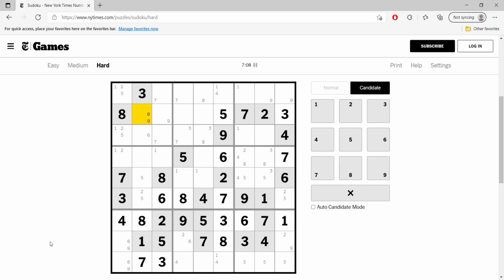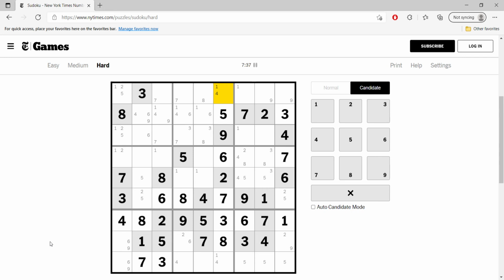I guess 1 in this row is in 3 cells. 1 can be here, can be here, can be here. 4 cannot be here, but 4 can be here, can be here, can be here. And 6: these 2 cells can be 6s.